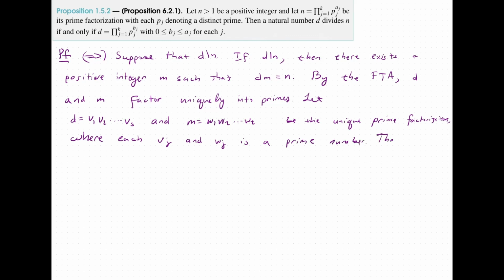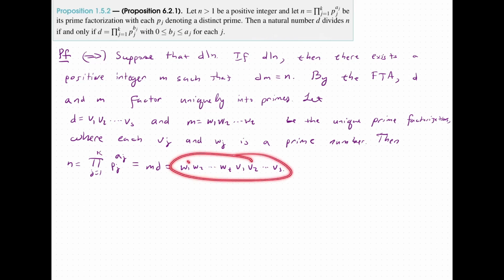Then n, which is equal to the product from j equals 1 to k of p sub j to the a sub j, is equal to m times d, which is now equal to w1, w2, all the way to w sub t, and then v1, v2, all the way until we get to v sub s. And the fundamental theorem of arithmetic comes in once more. It tells us that this factorization must be exactly the one here.